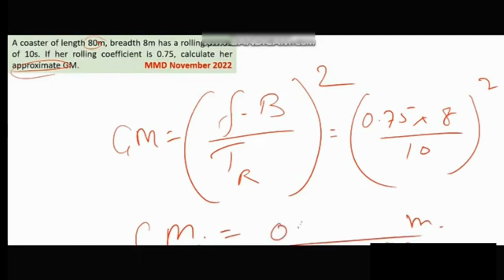So again, as recent as November 2022, this was taken up here to emphasize that the formula needs to be remembered. You learn bilging, you learn moment of inertia, you learn everything, and then you have to leave a small question like this because we were not mentally prepared to take it up.